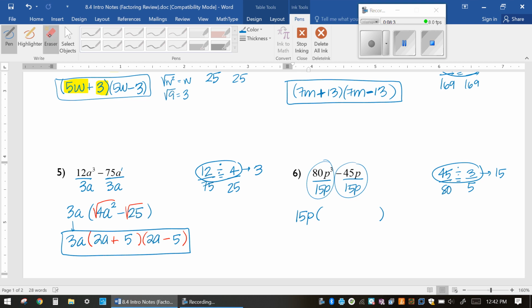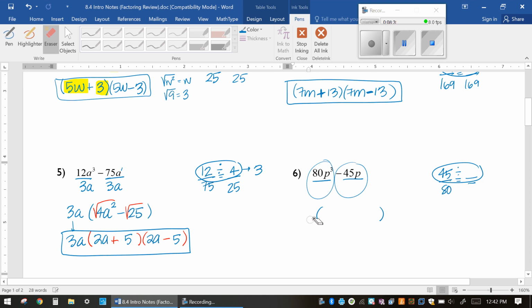I just realized I reduced that wrong. Pause for a second. Super sad. 45 over 80 reduced to 9 over 16. That means that the GCF is 5, not 15.